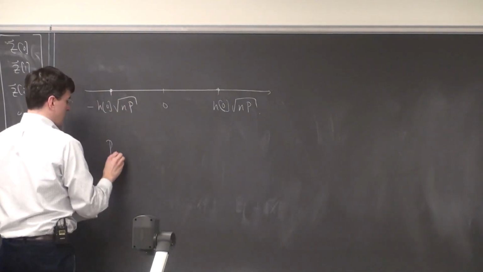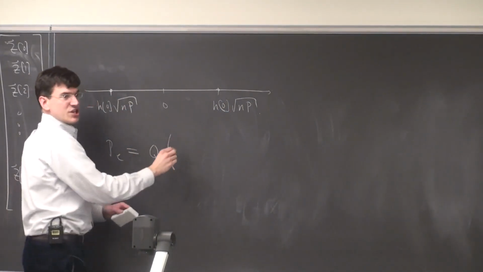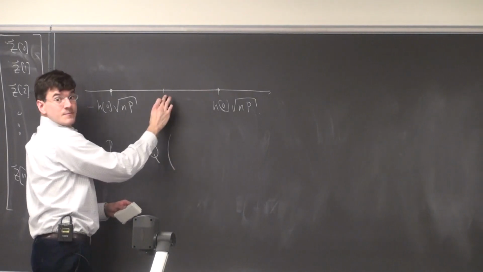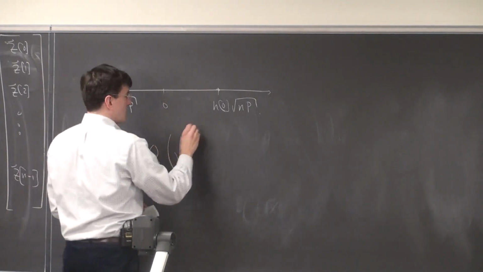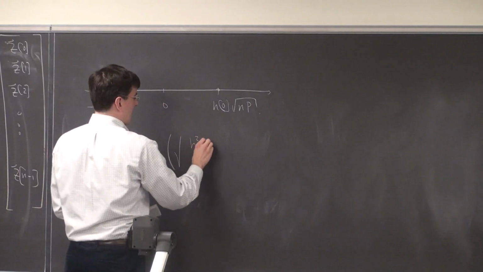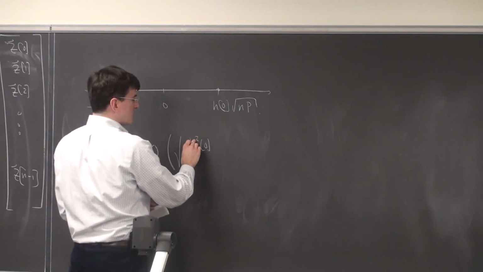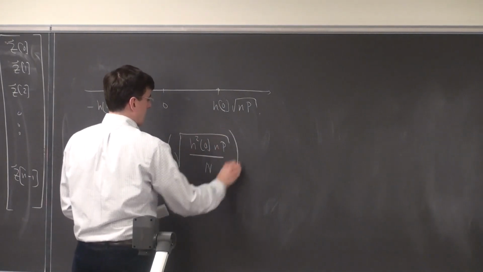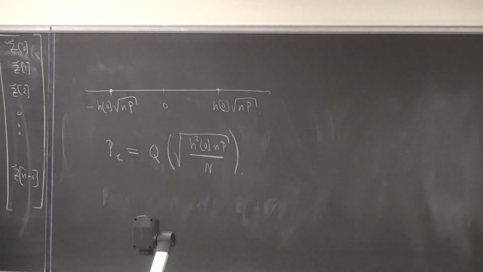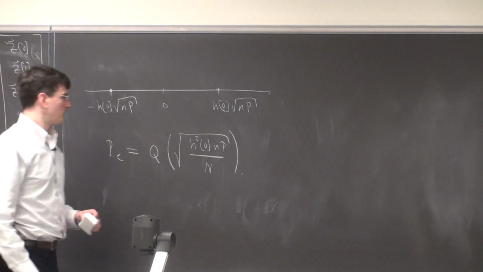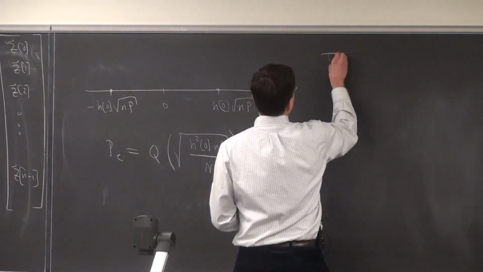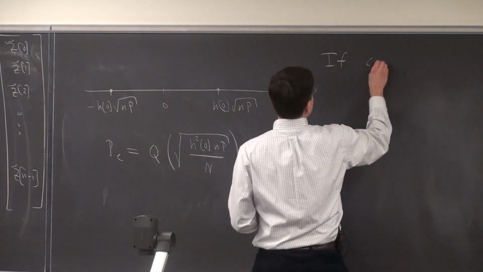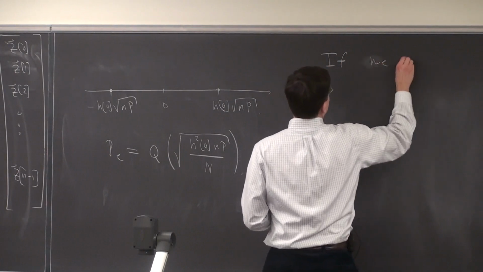So the error probability is going to be the chance that the noise pushes you this distance, right? So that's going to be Q of the square root of h0 squared np divided by n. Okay, compare this to the following.